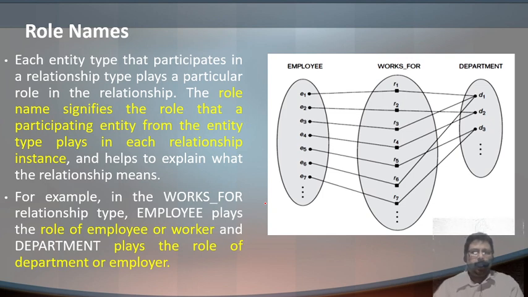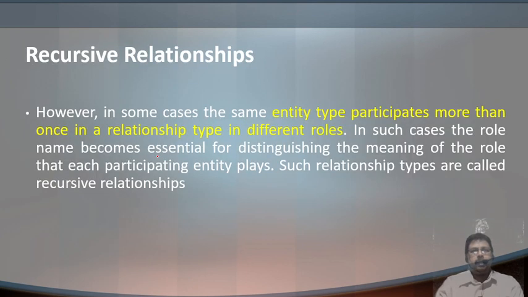It gives the employee a certain role, that they are employees belonging to this department, whereas it gives the role of employer to the department. This is specified by taking D number of the department as the primary key, which specifies the employer role. In employee, we take D number as a foreign key, showing that this employee is working for the department, correct? So the role name specifies the type of relationship that exists between two entities.